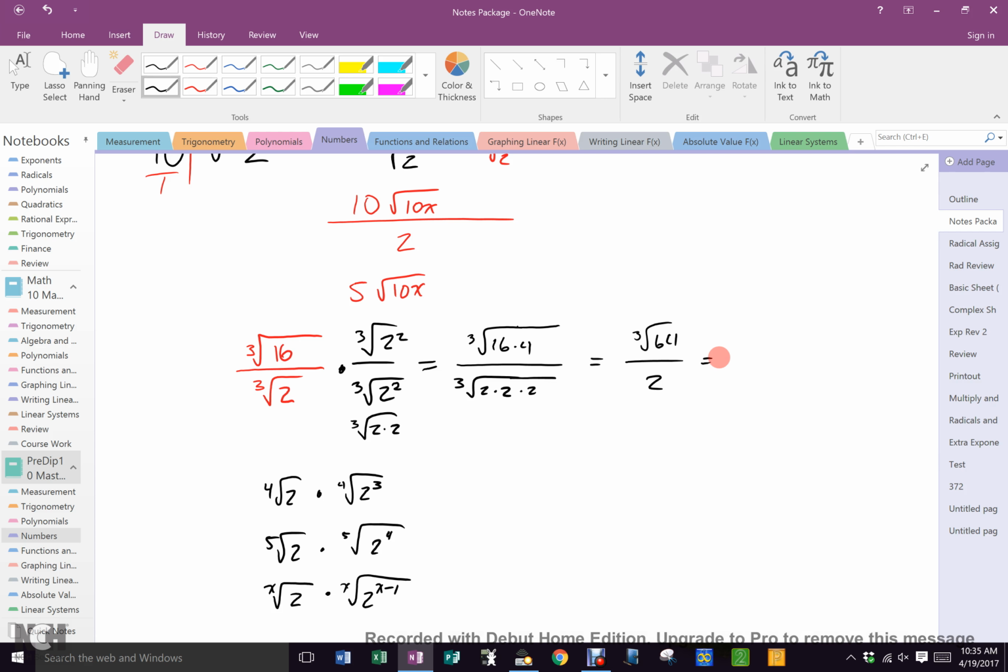What is the cubed root of 64? Four. 4 over 2, which simplifies to what? 2. Everybody cool? Everybody good?